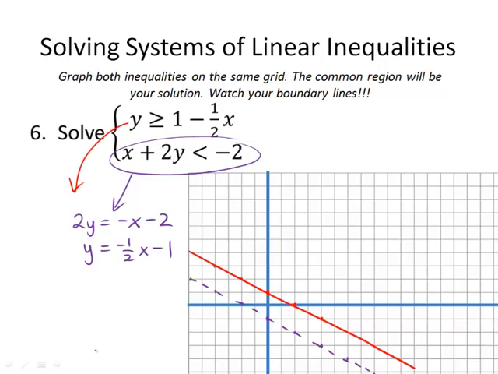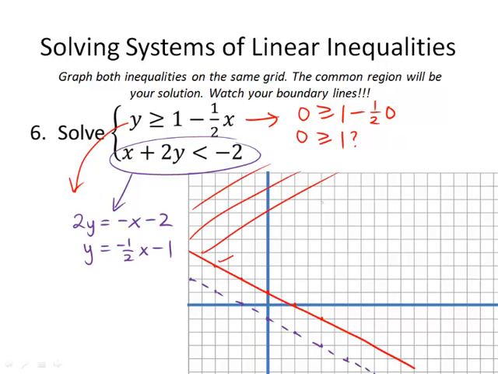Now, how is the red supposed to be shaded? Well, let's check 0, 0 for the red. We've got 0 greater than or equal to 1 minus 1/2 times 0, which would be 0 greater than or equal to 1. True? False. Therefore, it's not including the 0, 0 point, so it's everything above.